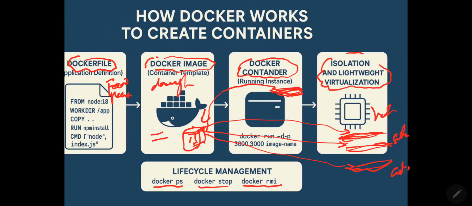And what is the correlation with life cycle management for the noodle? You can imagine Docker ps: you can see the plates which are already there. And Docker rmi means maybe you can throw away this plate.